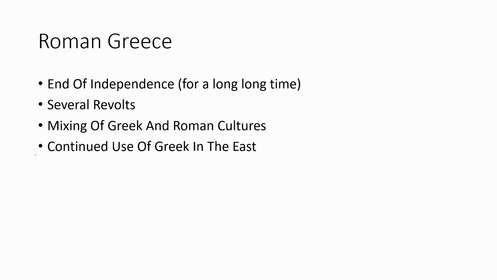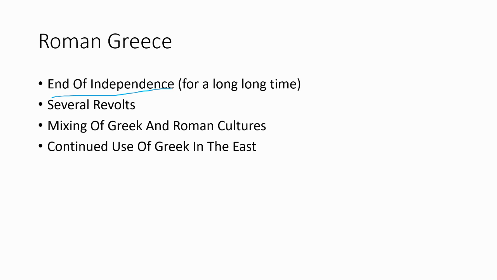And then in the Roman era, we have the end of Greek independence. They're conquered by the Romans, and they're not going to be independent again until essentially the modern era. After they're conquered by the Romans, they will form part of the Byzantine Empire, and you could say that they're sort of in charge in that sense. But it's still part of the Roman Empire.